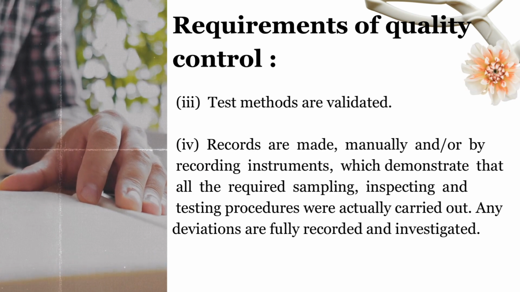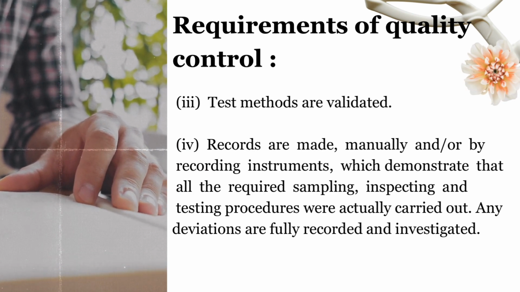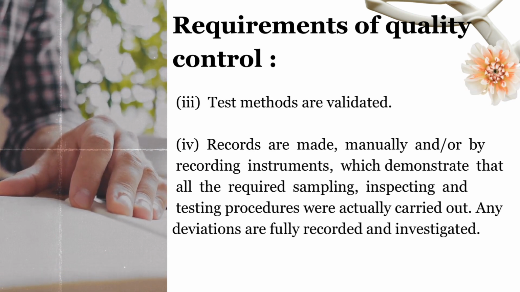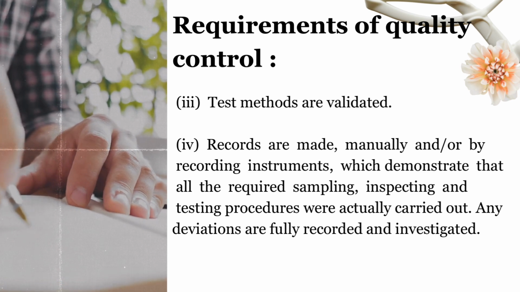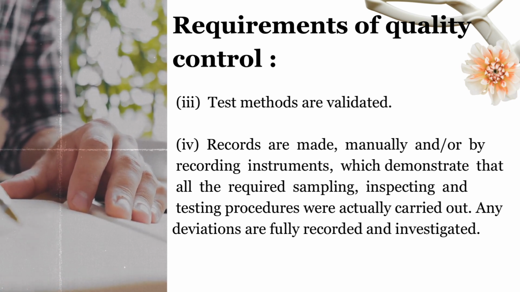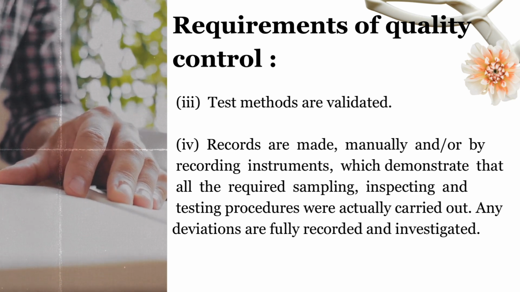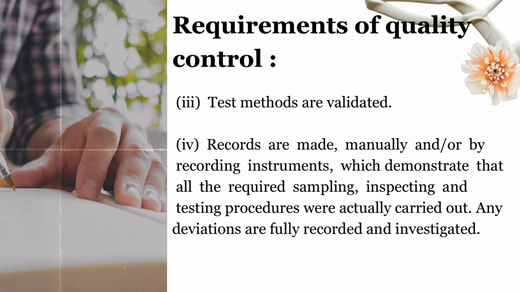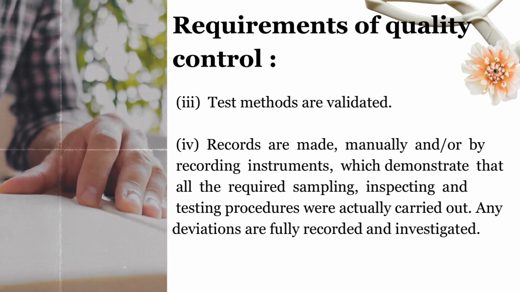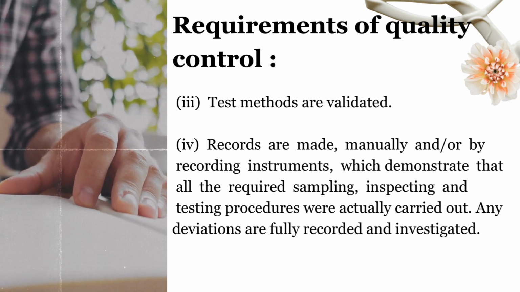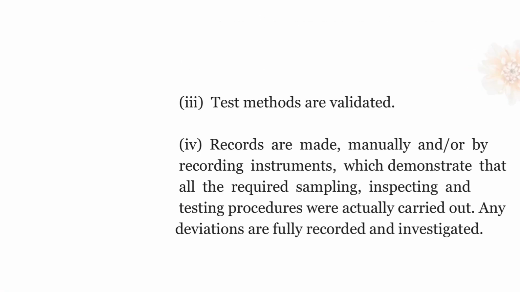Test methods are validated. 4. Records are made manually and/or by recording instruments which demonstrate that all the required sampling, inspecting, and testing procedures were actually carried out. Any deviations are fully recorded and investigated.